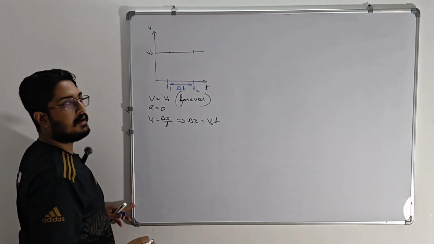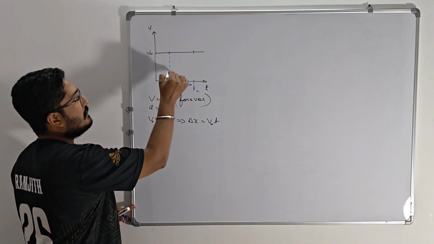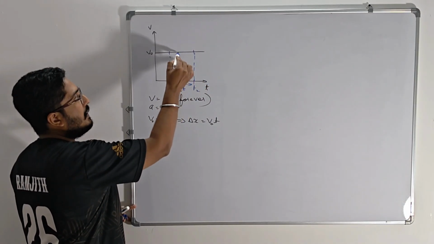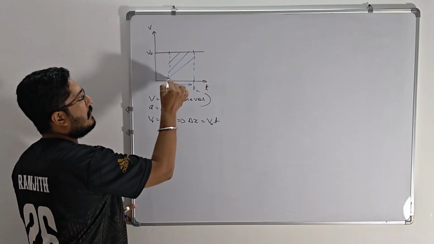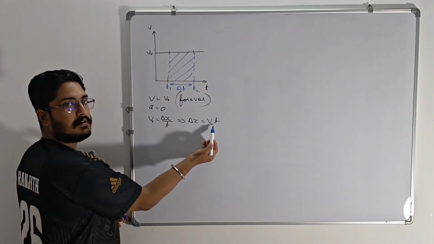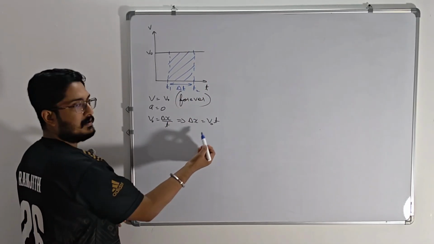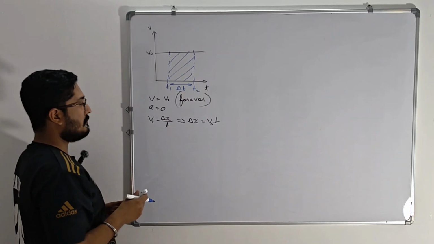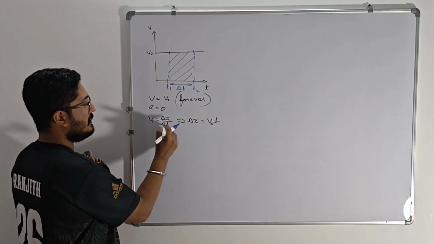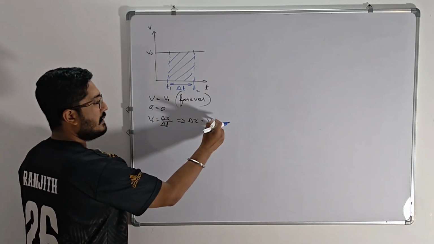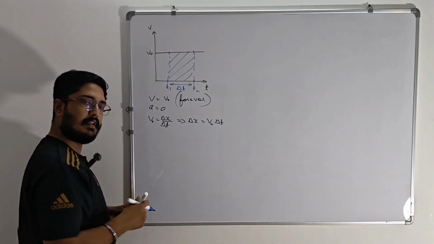So during the delta t interval, if I am interested in finding the displacement, I can go with the area under my graph. Look at this. Yes, this t is nothing but the time interval, right? I will just represent that here. T is the delta t, the time interval. So I can represent this as delta t.